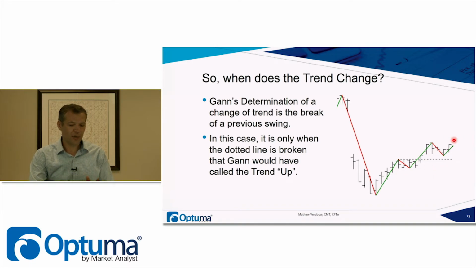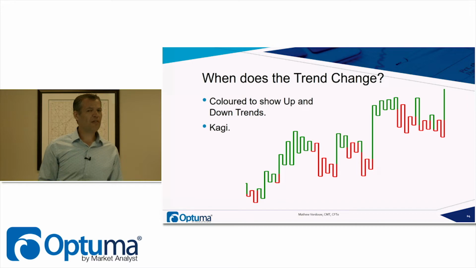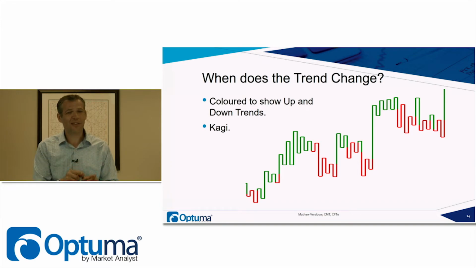And then continuing on. Now this is an example of the KG charts in Optuma. Now KG charts, again, a swing style chart, use points and percent rather than bar relationships, but it colors it exactly. I actually want to create this color scheme for all of the swing charts, just one of those projects that I've got to get around to.